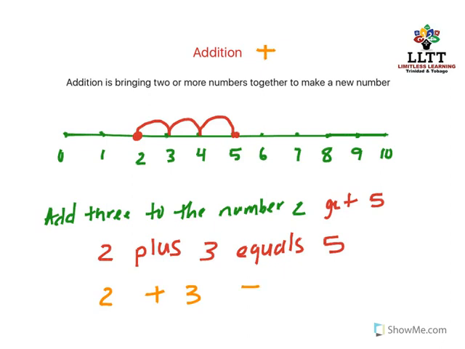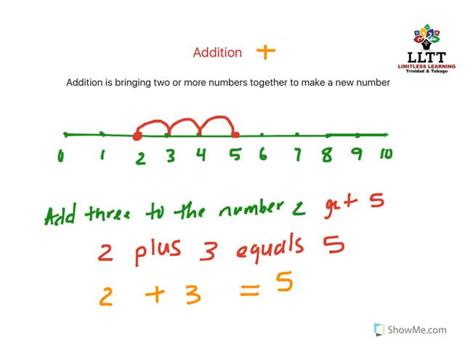Our equal sign looks like 2 dashes, and then the number 5. What I've just written there is an equation. An equation is telling me that something is equal to another number or quantity. I'm saying 2 plus 3 is equal to 5, so the number 5 is the same thing as 2 plus 3.